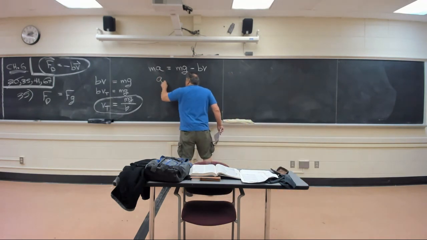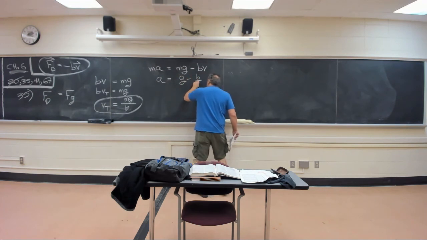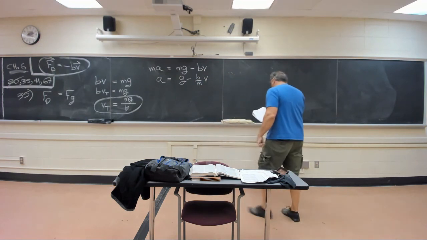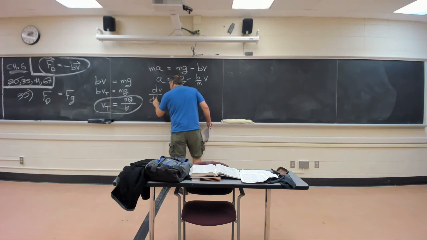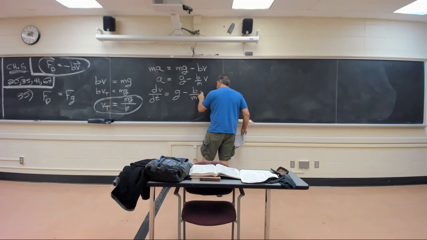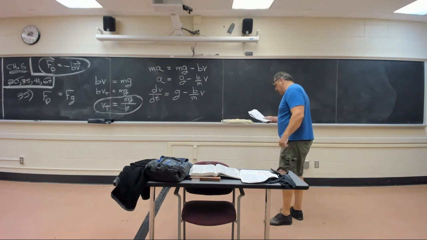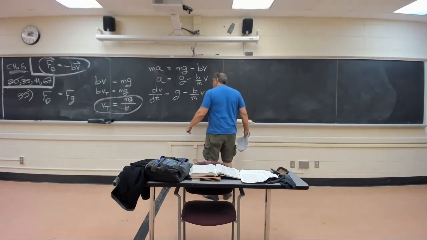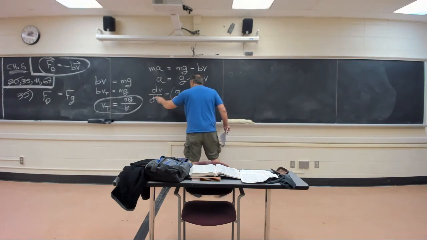If you divide by m on each side, you're down here. Isn't acceleration dv dt? Using our calculus background. Okay, yeah, sure. It's good enough for me. I see that. What do you say? You take all of this right here and divide it on both sides.